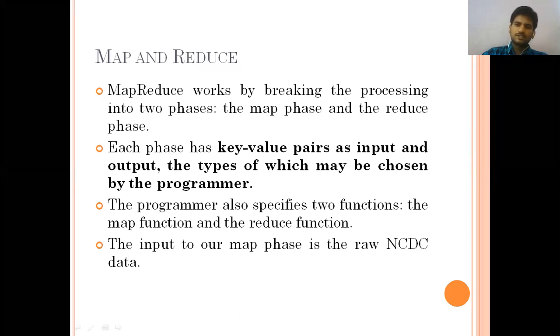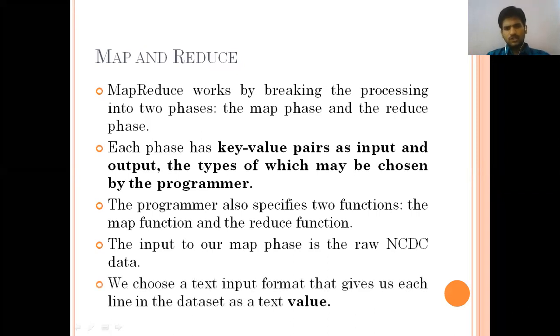I think these three terms were discussed in data mining also, very clearly. So what is structured data, semi-structured data, unstructured data? The raw data may be in these three forms, which we are going to take as input for our map phase.